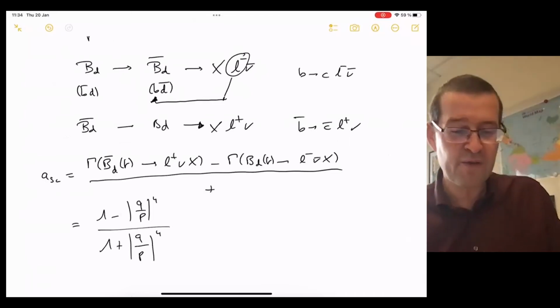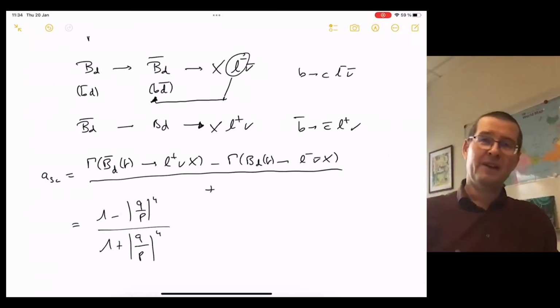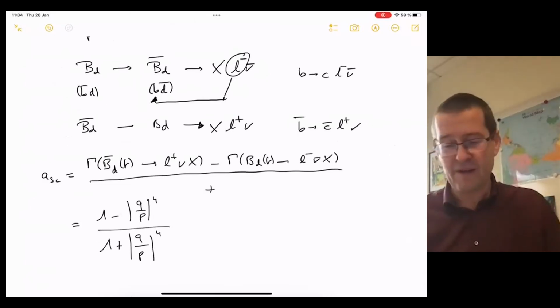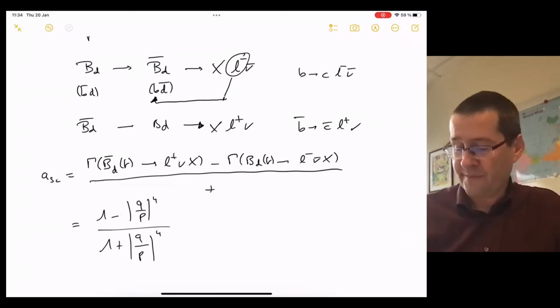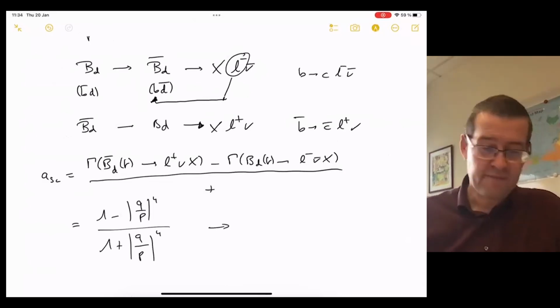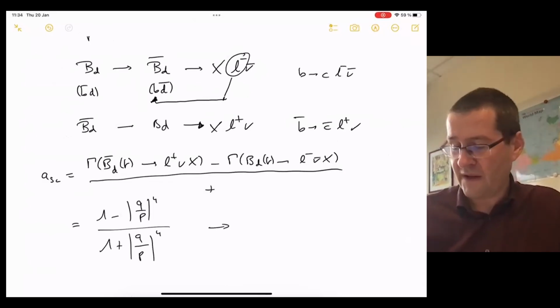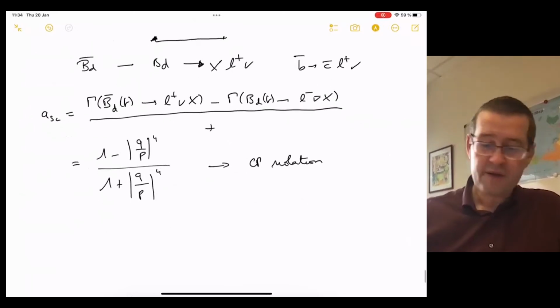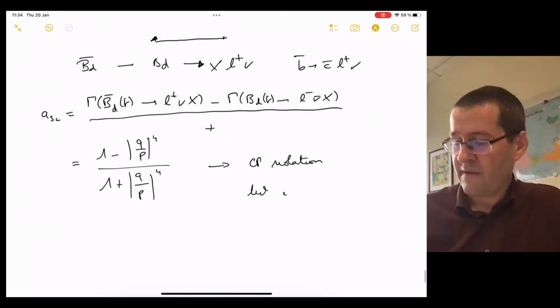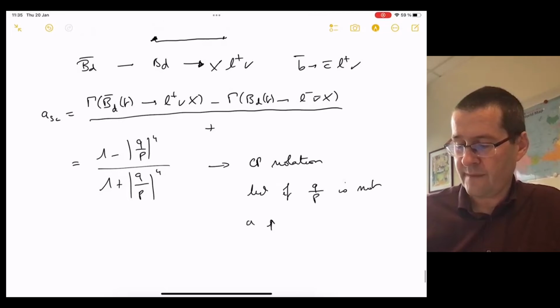You've got Q over P squared on one side, P over Q squared on the other side, and then when you're normalizing, you get Q over P to the fourth. So here you see there will be CP violation, but that will occur if Q over P is not a pure phase.